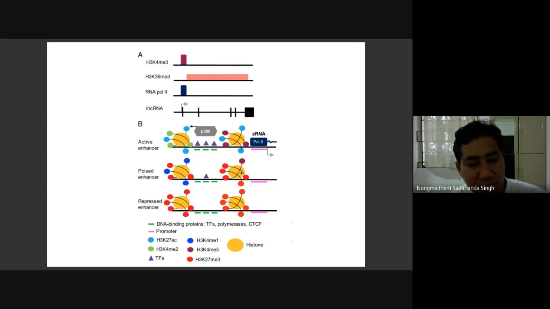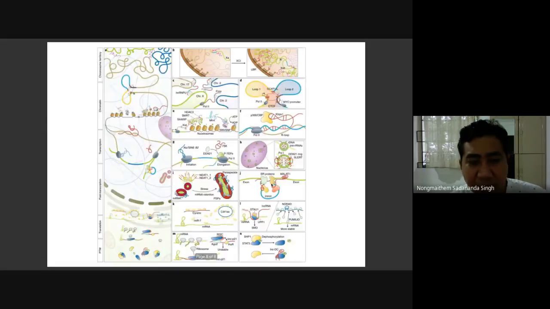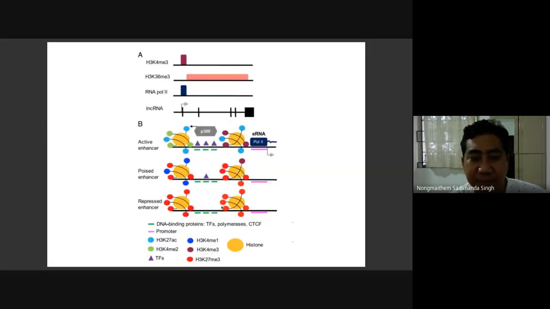And it's not always true. The other form is that you can have repressed enhancers as well. These RNAs can recruit and condense the chromatin in such a way that the transcriptional unit becomes inactivated.